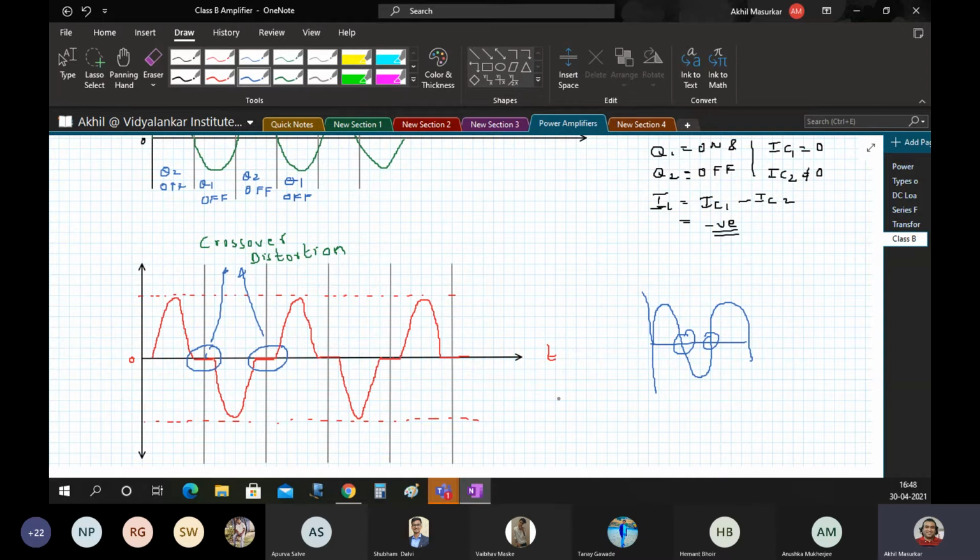So in actual practice, true class B operation introduces crossover distortion, as shown in the figures, the one which I have marked in blue.